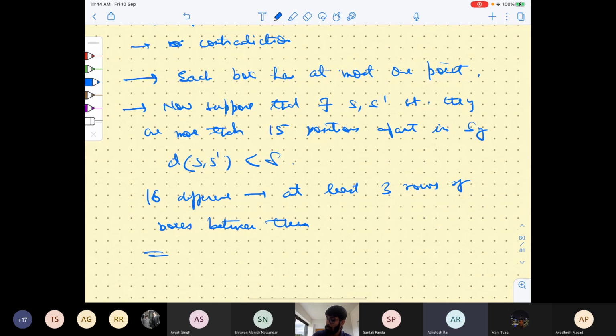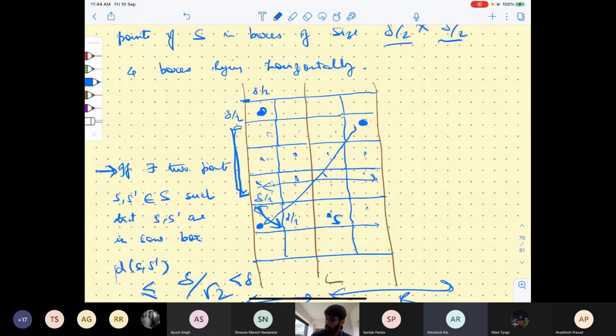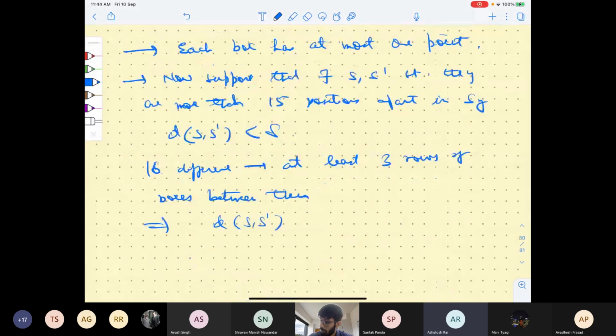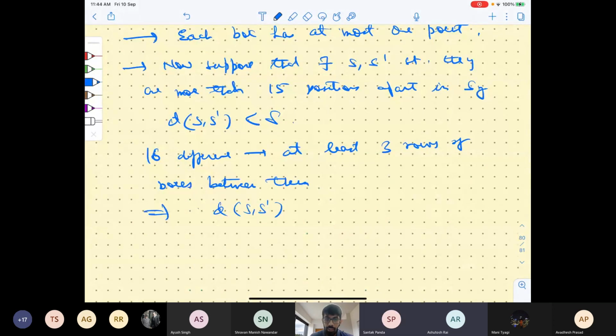And what does that mean? If there are 3 rows of boxes in between, then what is the distance between them? 3 delta by 2.